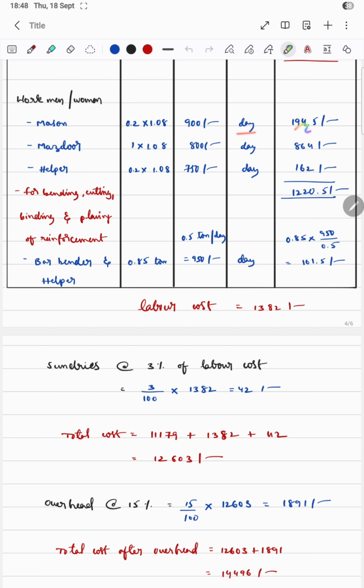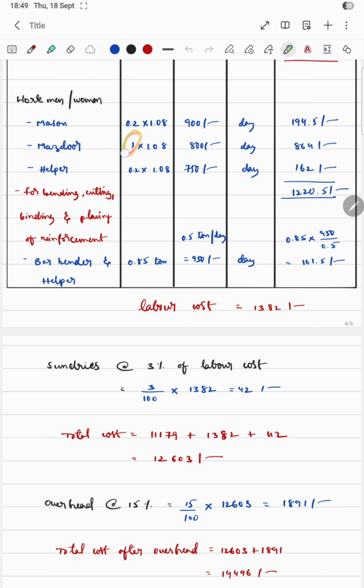Per day he gets 900, so we multiply with his share and the total work, and we get 194.5, as 0.2 into 1.08 into 900. In the same way, the mazdoor is the one who does the construction. He doesn't need that much skill, but he has to know some level of construction.